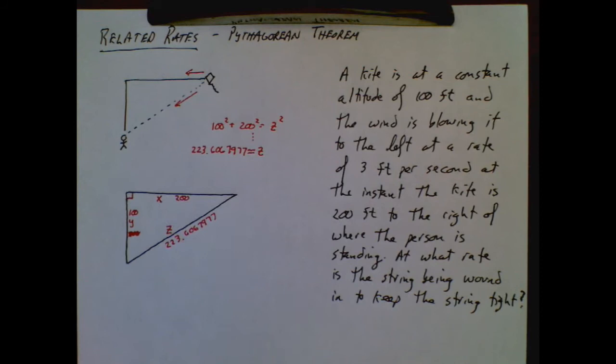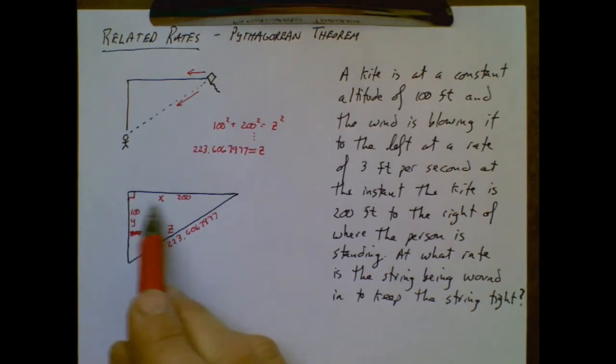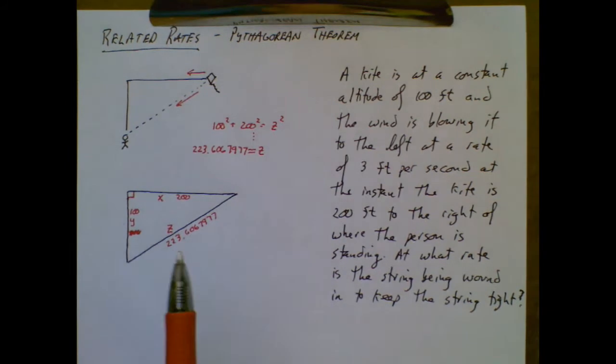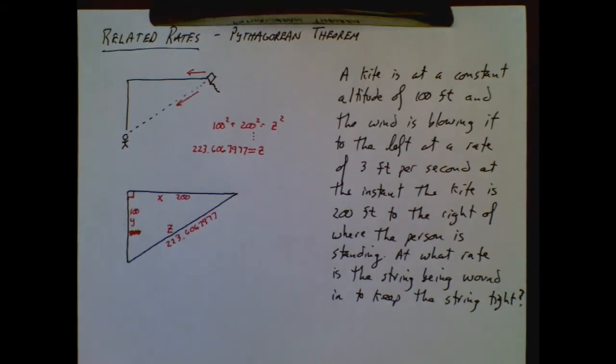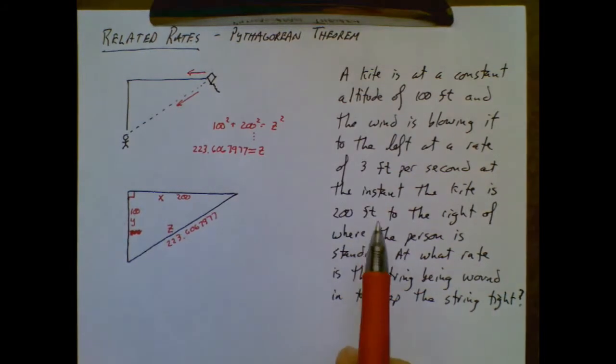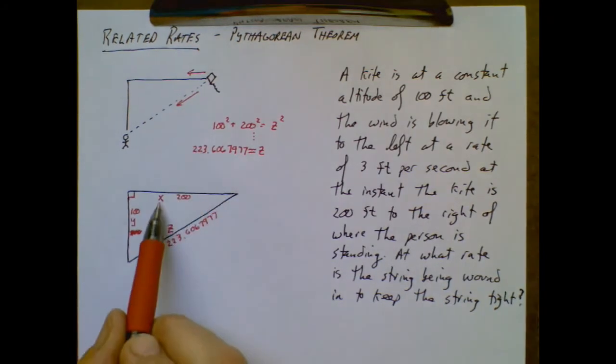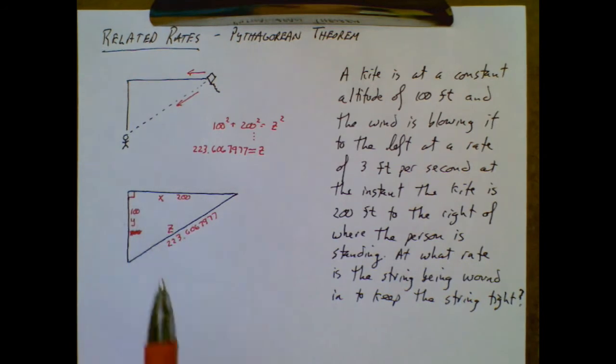All right, so now each one of these sides has 2 levels of labeling, a letter and a number. But I mentioned that we need 3 levels of labeling, if possible, in a related rates problem, and that 3rd level is calculus. So let's think of it this way. The kite is being pulled in this direction, so this distance x is shortening at a certain rate.